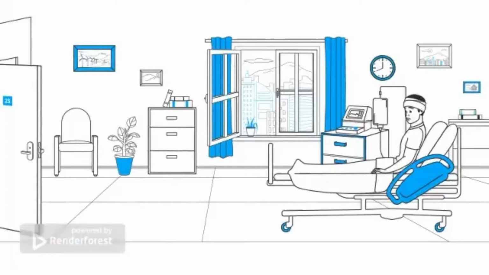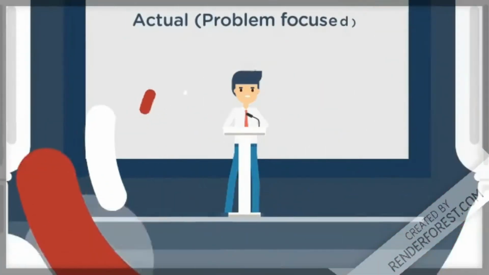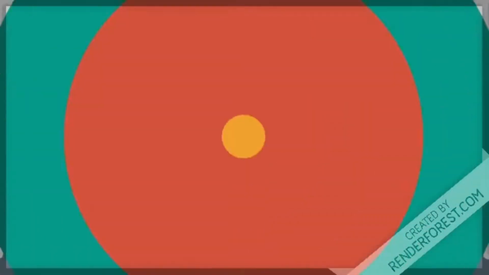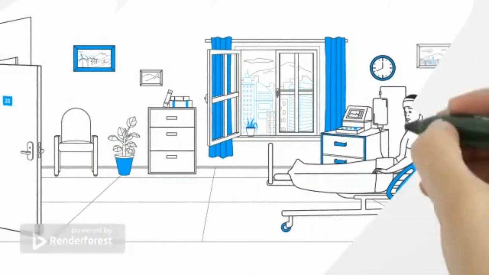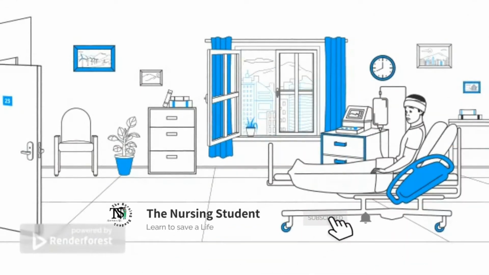We have the problem, its related factor, and then its manifestations. So you normally use the 3-part format for them. Examples are anxiety, ineffective breathing pattern, acute pain, impaired skin integrity. Basically anything that a patient is experiencing currently is an actual problem, and we use the actual nursing diagnosis for it.